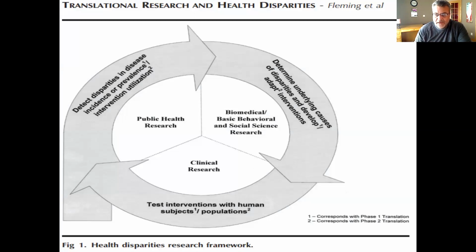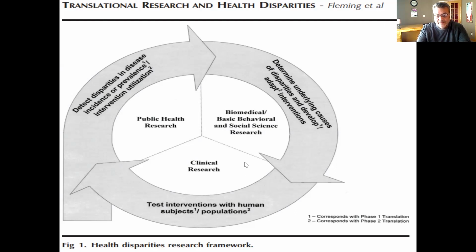The Fleming article that you have has this model. There are two models in there. This is the simplest and easiest to understand. And as I mentioned, this article shows the role of translational research in helping remove or reduce health disparities in different communities. Basically, the first step here is to determine the cause or the problem or the research questions that lead to disparities.